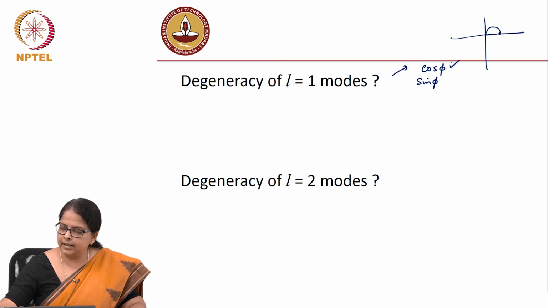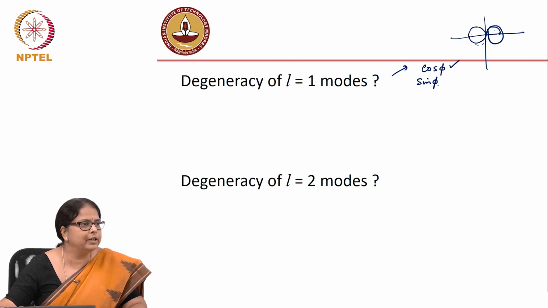At phi equal to 180 degrees, it should get a negative maximum, and at 270 it is again 0. So I should get something like this. This is just a polar plot of cos L phi, but I could also have sin phi.